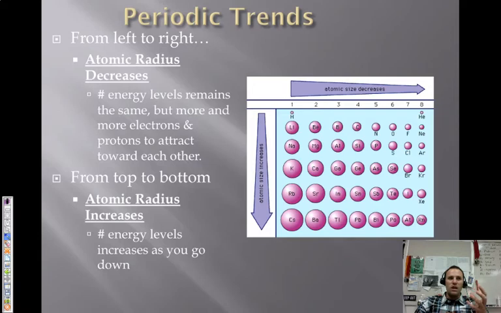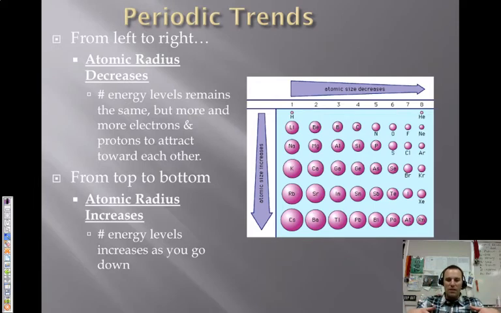Since protons are positive and electrons are negative, they attract each other. So if every time I step to the right, I'm adding more protons and more electrons, I'm attracted more and more to the center of the atom. The nucleus is pulling those electrons in. Positive nucleus, negative electrons. Every time you step to the right, tighter, tighter, tighter. That's why they get smaller.